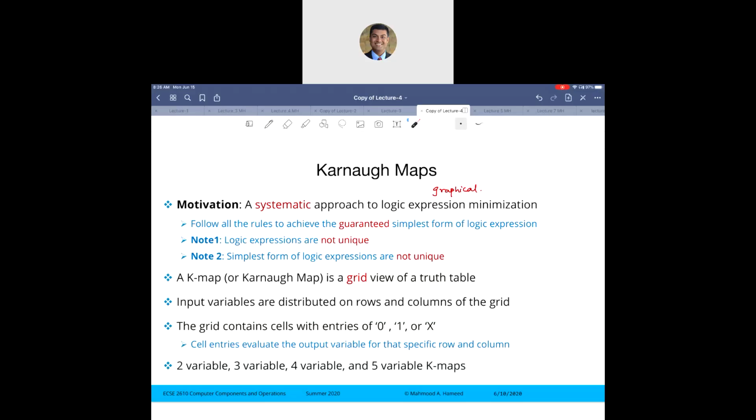And we'll talk more about the various forms of simplified logic expressions you might get and how they are not unique. So when we are doing some examples, I will talk more about note 2.